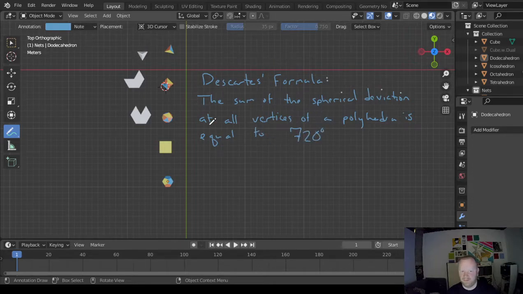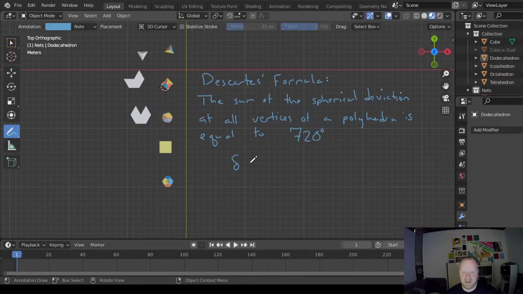Really nice, useful formula. If we know the spherical deviation delta at a particular vertex, which is what we just found here, we can take advantage of the fact that all these vertices are going to be the same, right? The spherical deviation at every vertex is going to be the same.